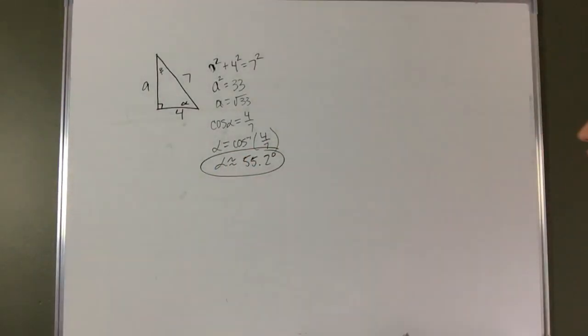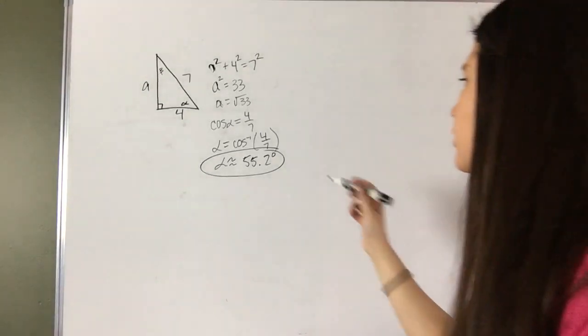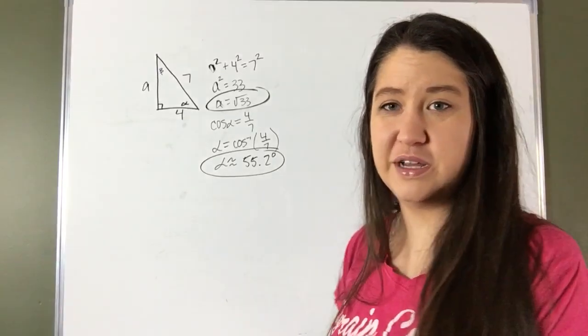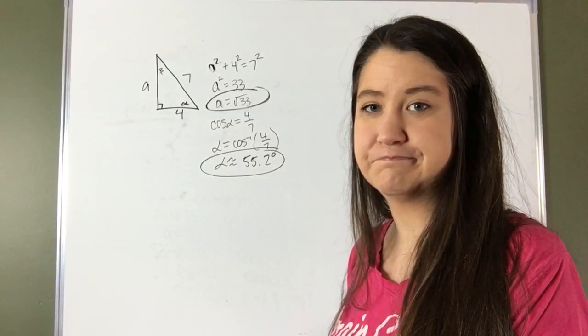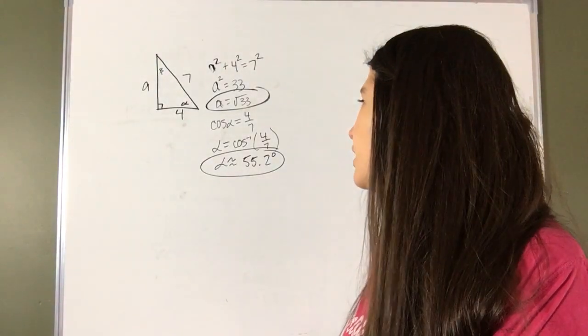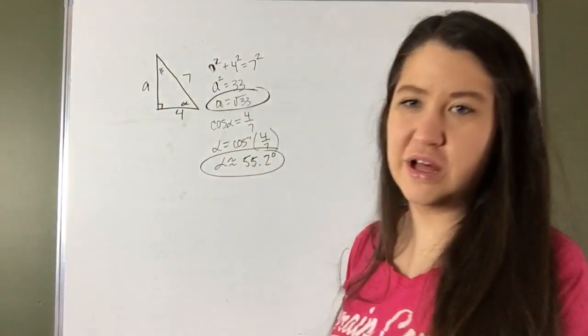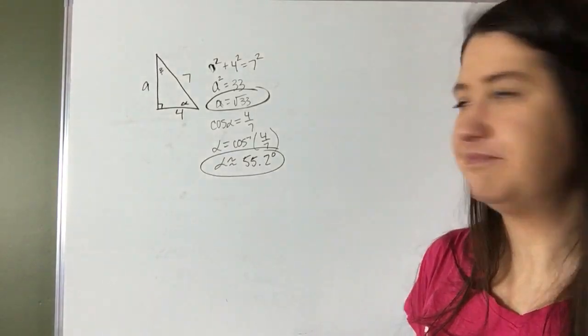Okay, now how would we get beta? Well, we could use a trig function again, right? But do we have to? Is there an easier way? If you were thinking that there's an easier way, you were right, because the angles in a triangle all have to add up to 180 degrees, right?